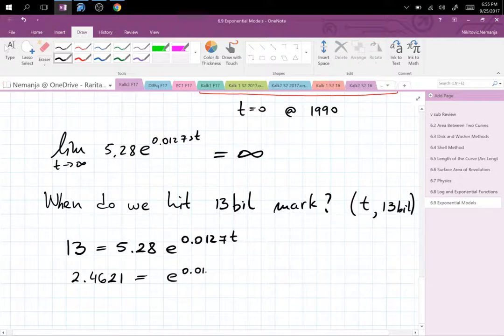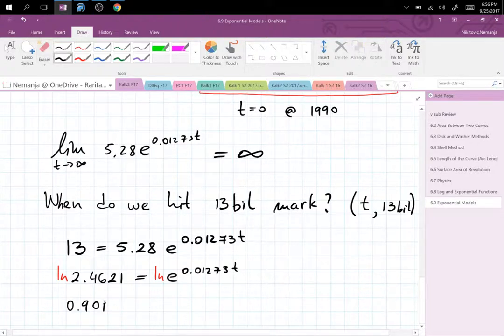And then ln both sides. There's a 3 that I missed. There we go. We ln both sides. So now we have ln of 2.4621, which is going to give us 0.90101.